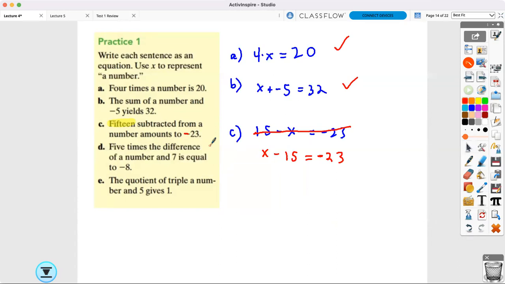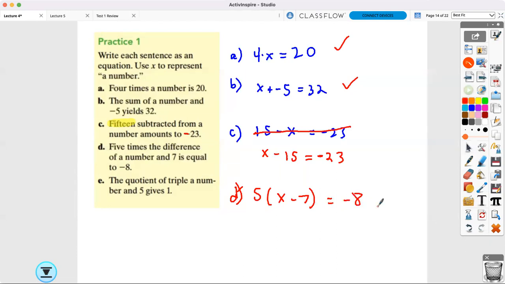Okay. Good. So D. Anyone want to share what they got for D? Five parentheses x -7 parentheses equals -8. Okay, good.